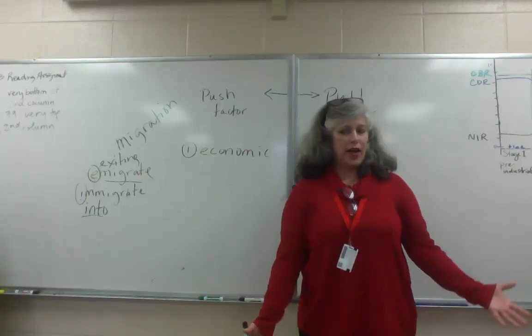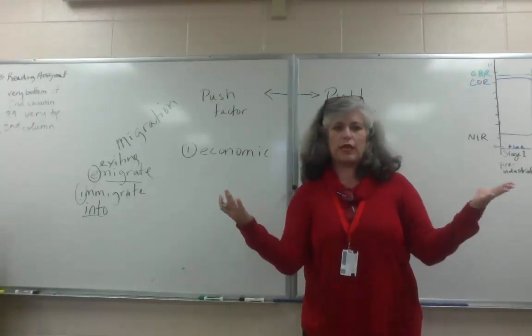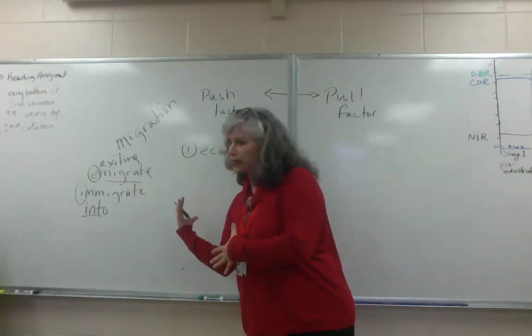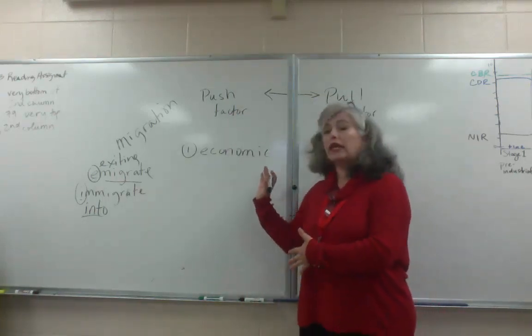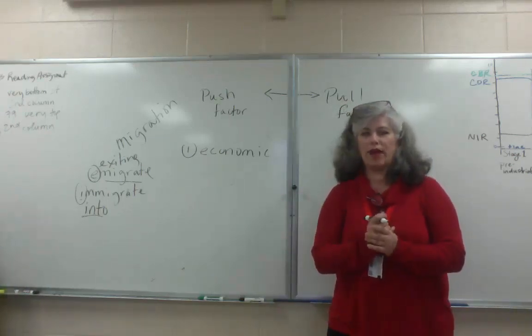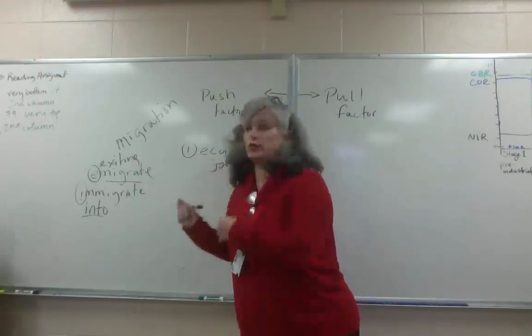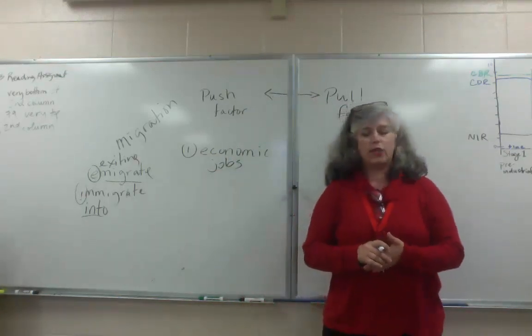So, economic factors, like I said, can be push or pull. What kinds of things would you say are classified as economic reasons why someone might leave or enter a different area? What's an economic factor? Jobs. Jobs and opportunities for jobs, right? The potential for jobs.